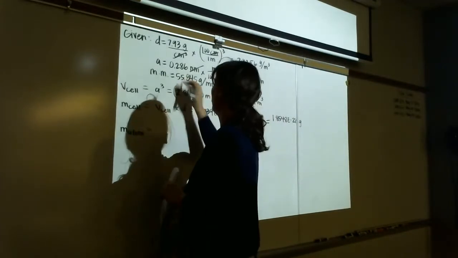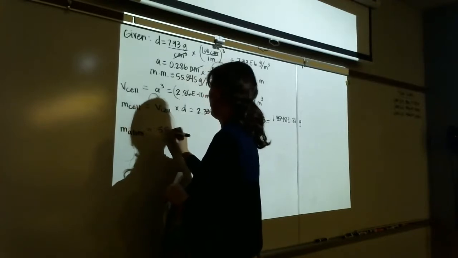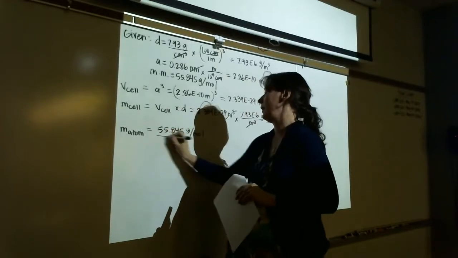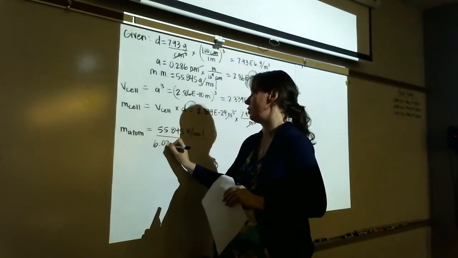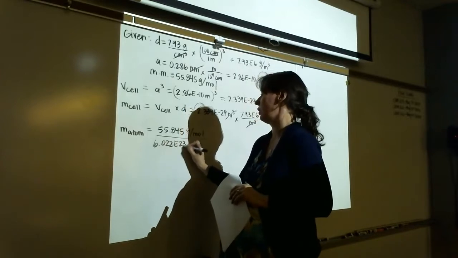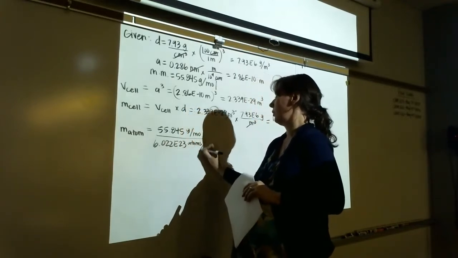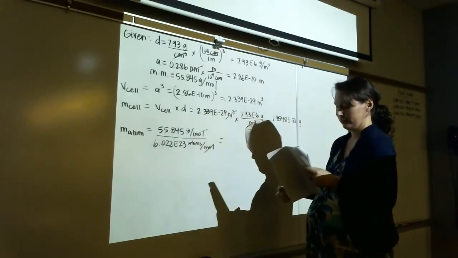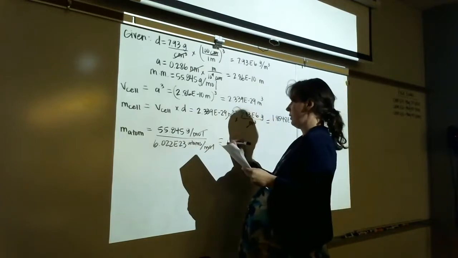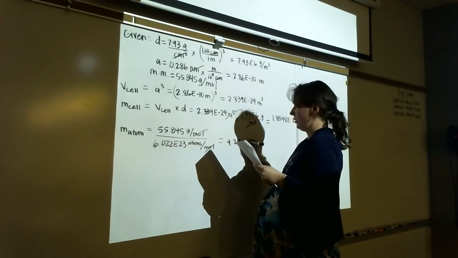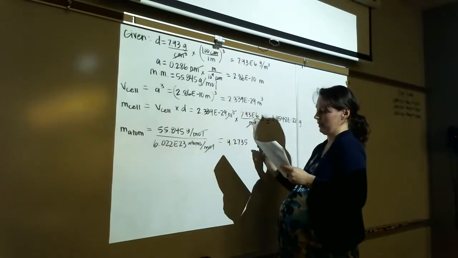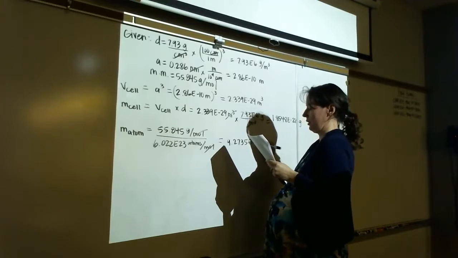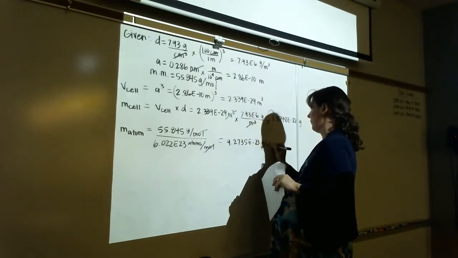So, molar mass from the periodic table, 55.845 grams per mole, divided by 6.022 times 10 to the 23rd atoms per mole. Moles cancel. That gives me the mass of one atom. So I got 9.2735. And again, you might not carry out as many decimal places as I did. Times 10 to the negative 23rd grams per atom.